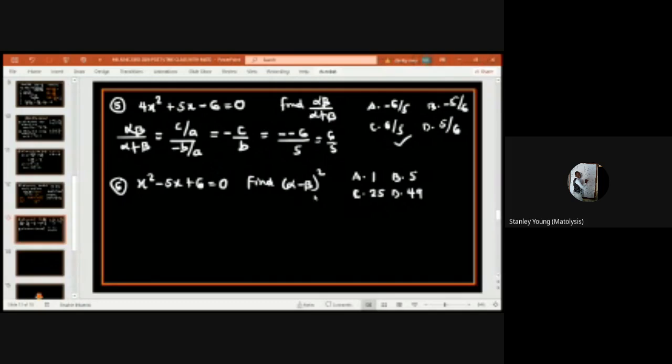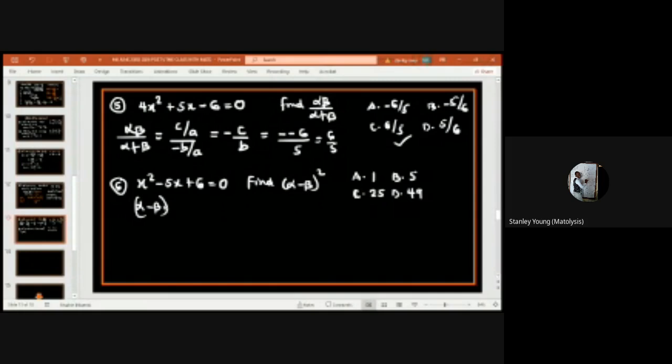Now, the question gave you alpha minus beta all square, which is not the conventional expression that you know. What virtually everybody knows is alpha beta and alpha plus beta. You have two ways to go about this. You can choose to expand it.